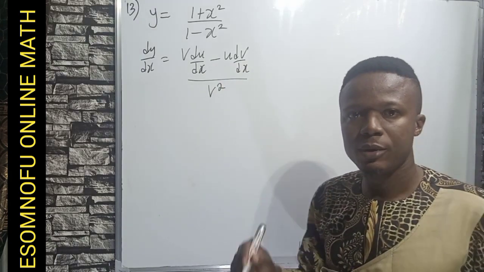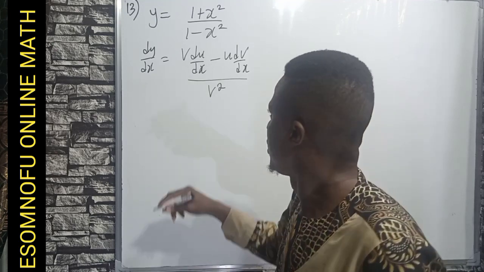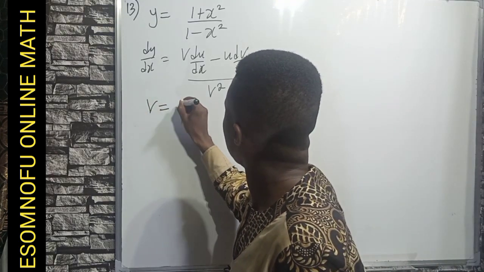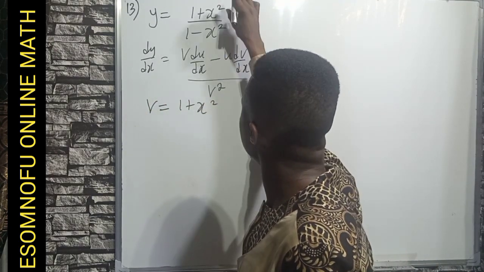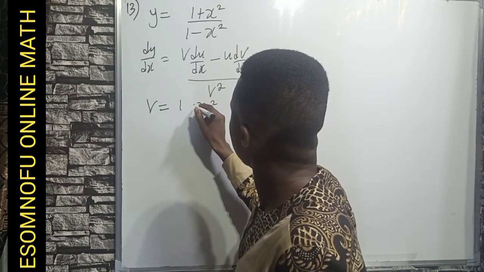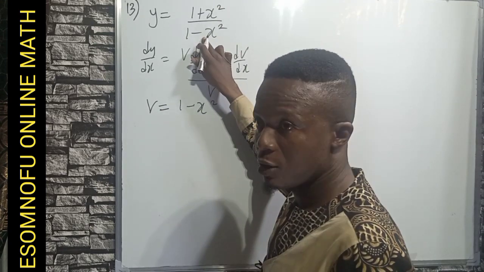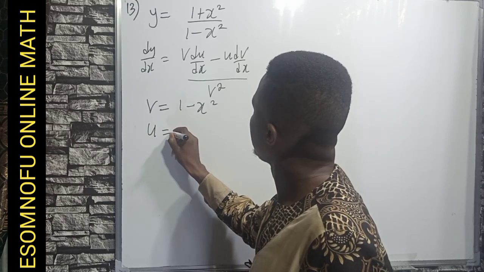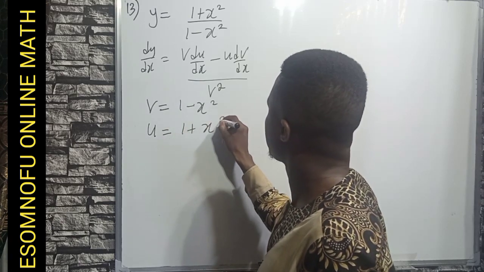V is usually the denominator while u is the numerator.